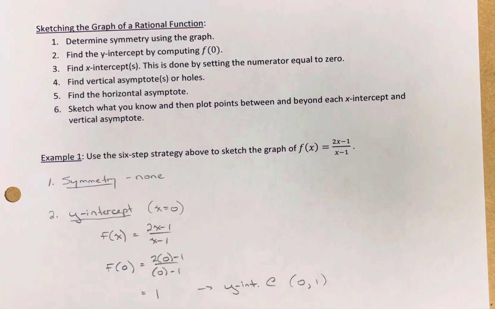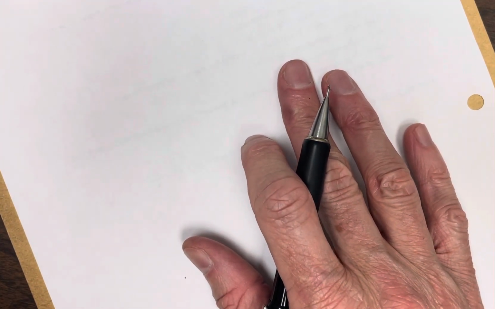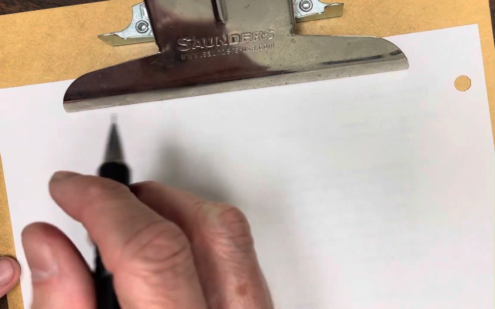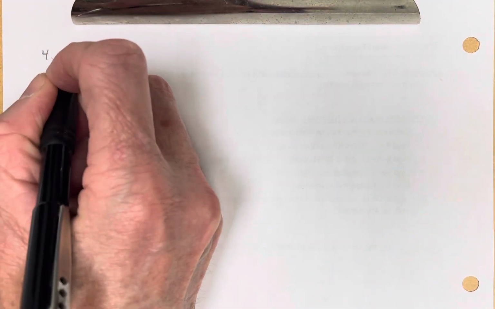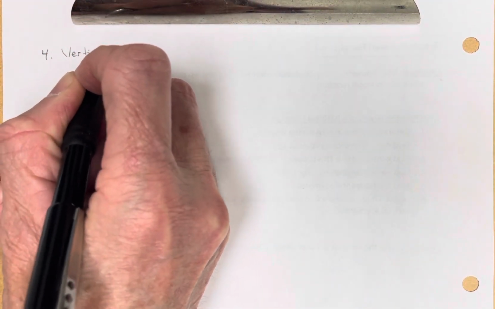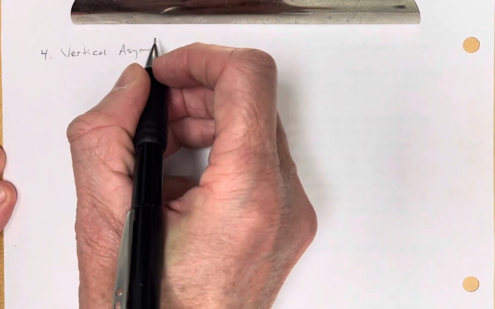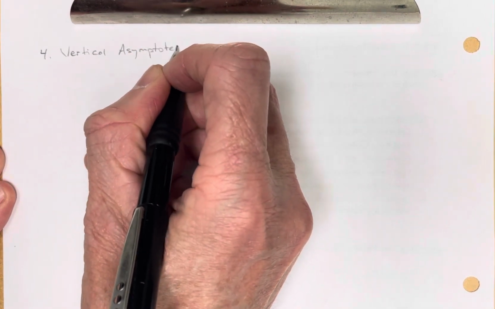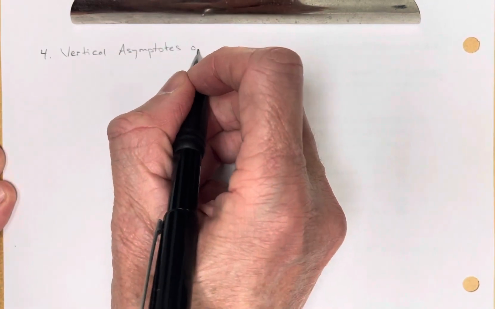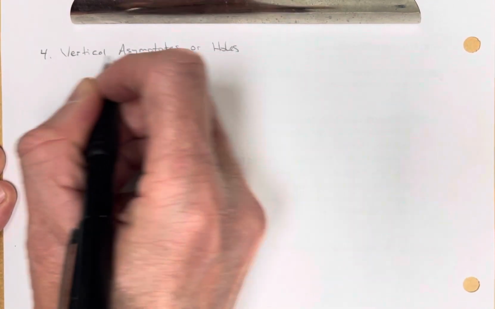Step 4 is find vertical asymptotes or holes.